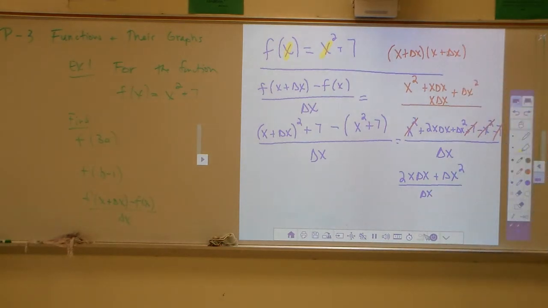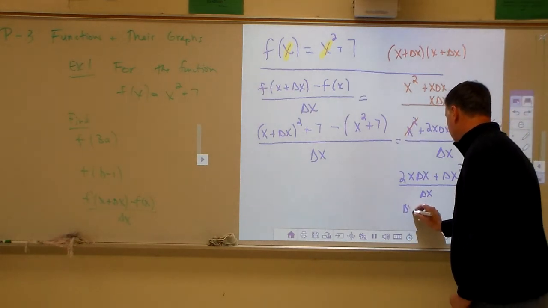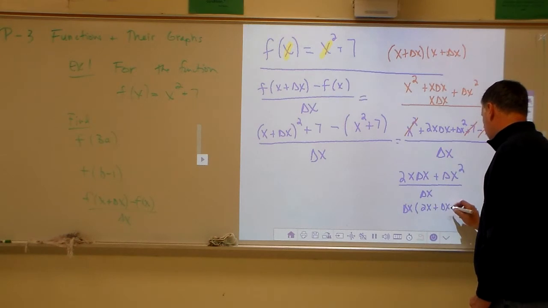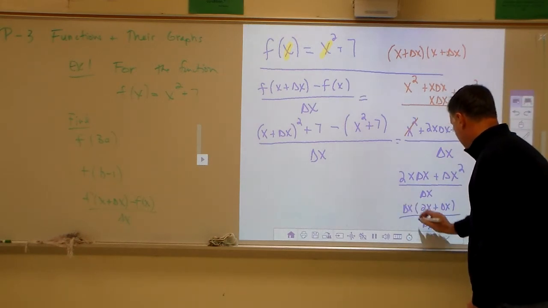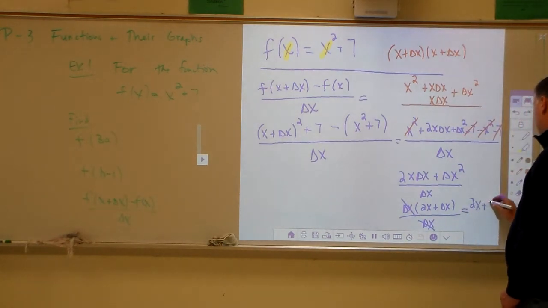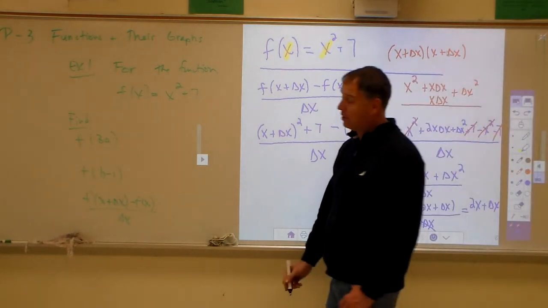I can factor out a delta x now. If I factor out a delta x, I'm left with 2x plus delta x, all over delta x. And then my delta x is canceled. So my answer is 2x plus delta x. How about that? That's where we're going.